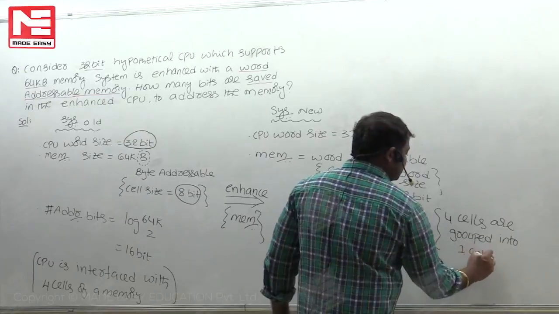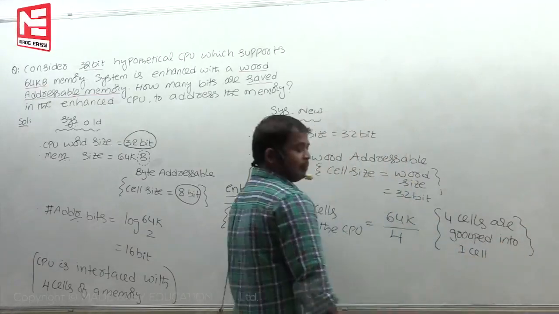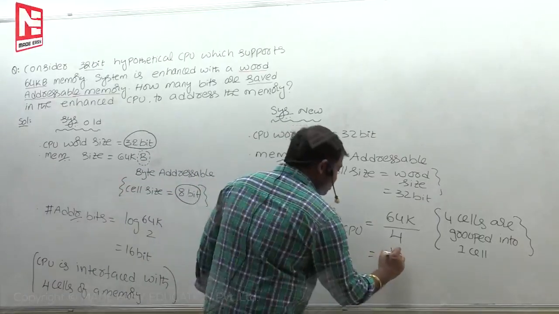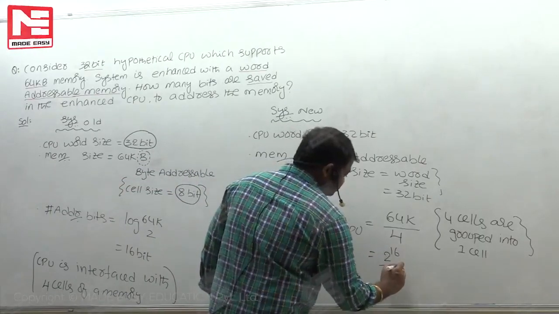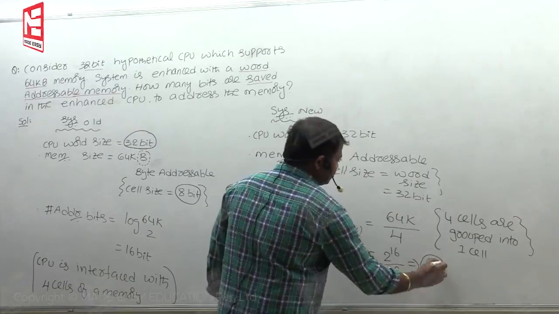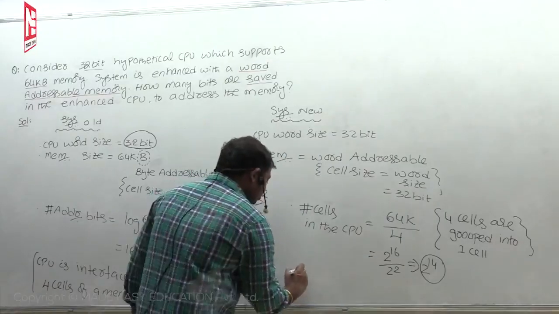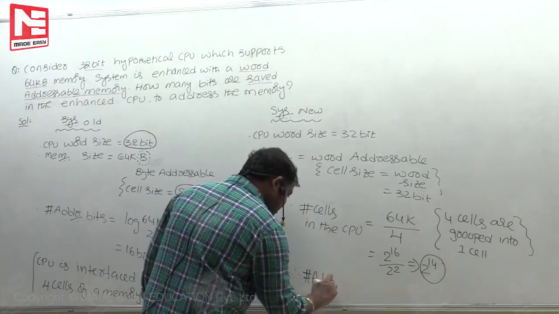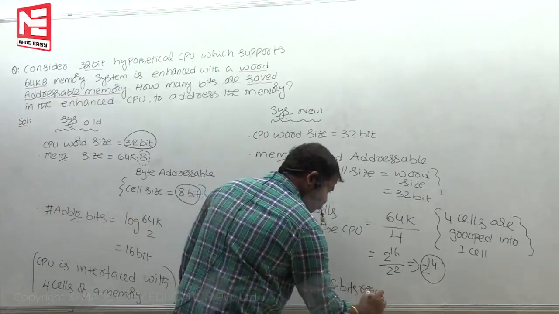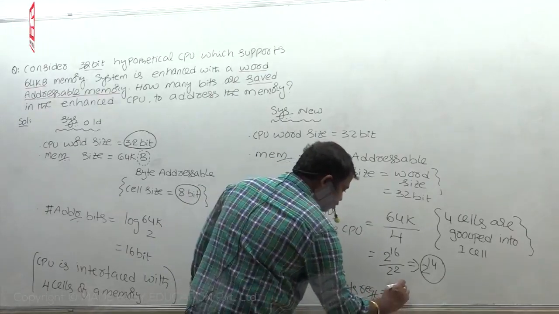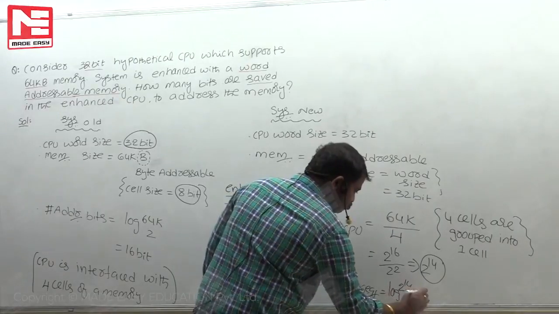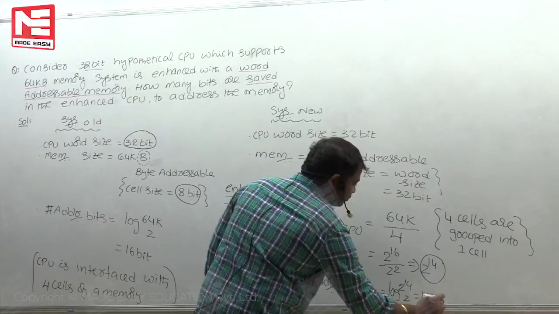Four cells are grouped into one cell to accommodate the 32-bit information in the cell. So this becomes 2 power 16 by 2 power 2, that is 2 power 14. Therefore, number of address bits required is log 2 power 14 base 2, that is 14-bit address.